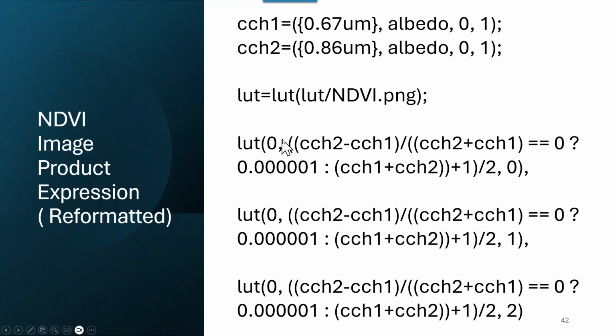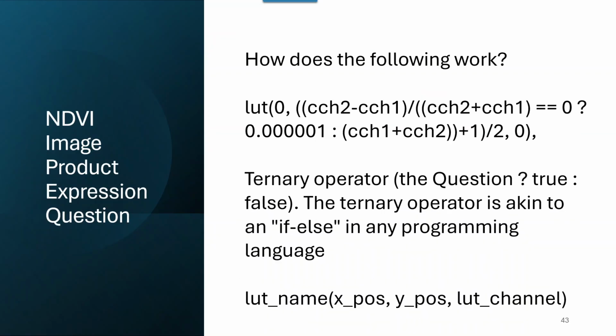And notice there's something in the middle, equals 0, and then a question mark, and then a value, then there's a colon, and then there's another value. Same thing for both the green and blue. Well, how does this work? Well, this is an example of the ternary operator, the question mark true, colon false.